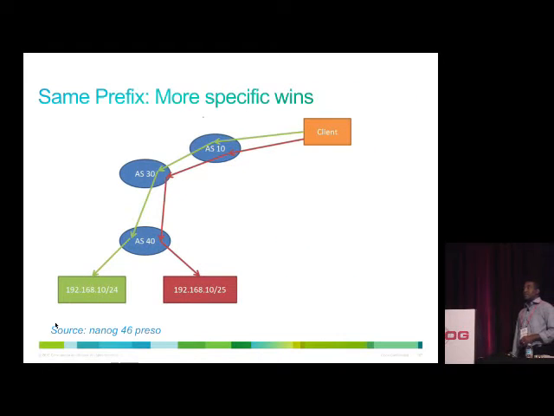Second problem is, even if the AS path length is the same, somebody may advertise with a longer, more specific prefix length. So they may advertise my 10.24 as 10.25, and maybe 10.127/25, 120/25.